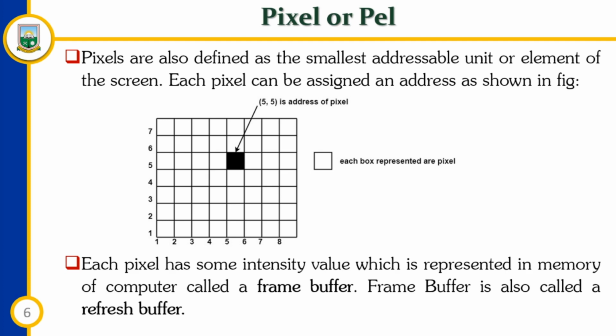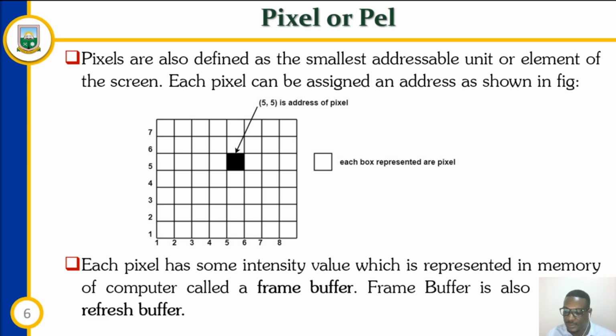Now, inside the frame buffer, the image is stored as a pattern of binary digits, either 0 or 1. So there is an array of 0s and 1s used to represent the picture. For a black and white monitor, the black pixels are represented using 1s, and the white pixels are represented using 0s.